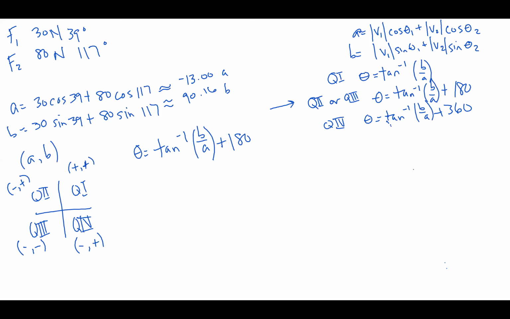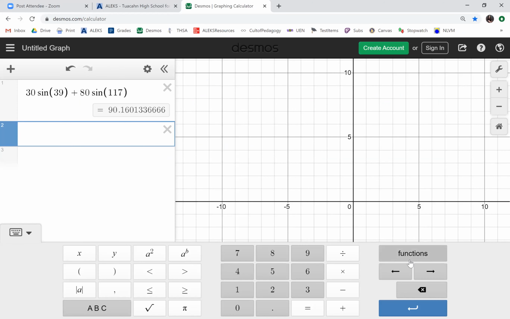So we want tangent inverse of 90.16 divided by negative 13, plus 180.